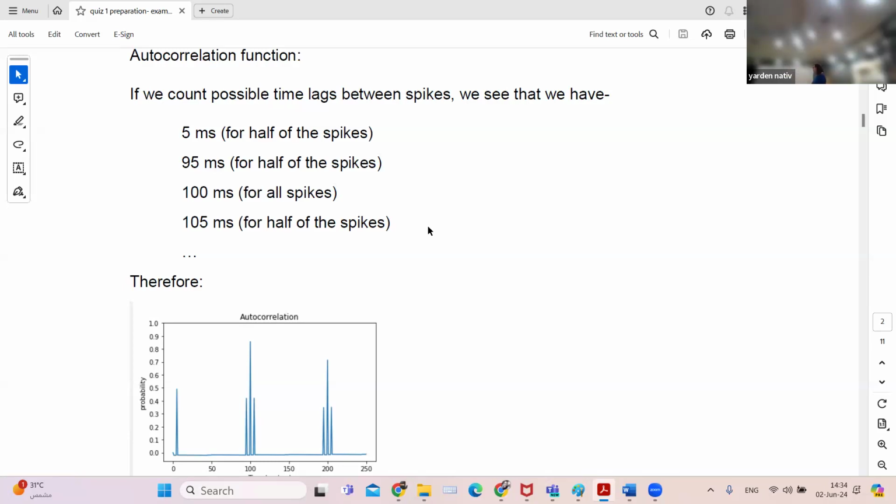So what is the probability that this one will fire? 0. Do you understand why? No. Okay. This one, after each spike, waits for 60 milliseconds, and if there is another spike, then it fires. Otherwise, it won't fire.